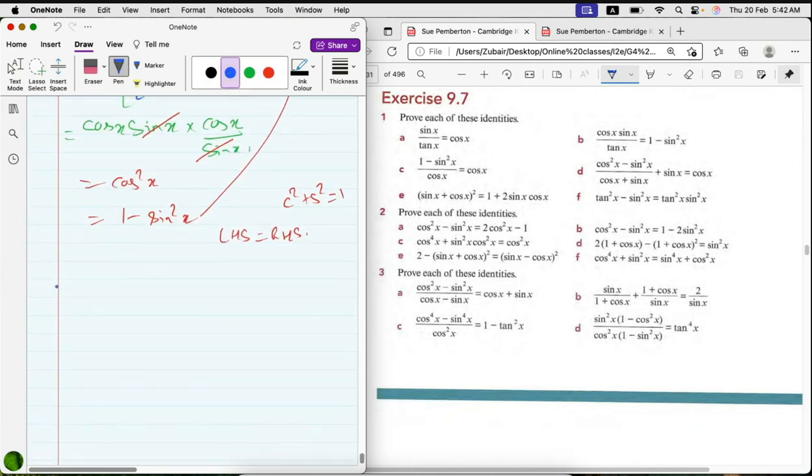Try C part. 1 minus sin square x over cos x is equal to cos x. That should take 2 steps to show.